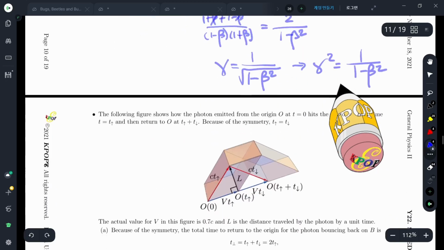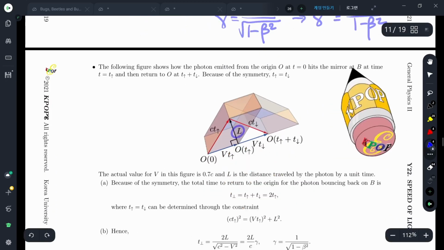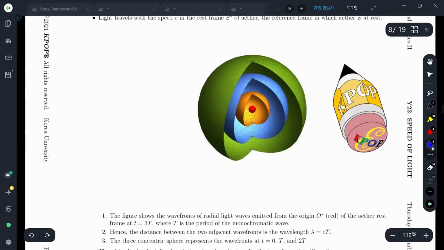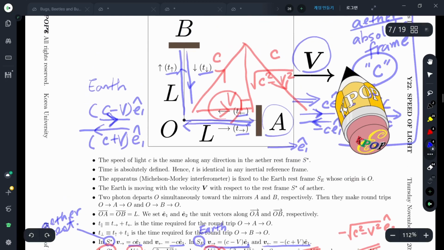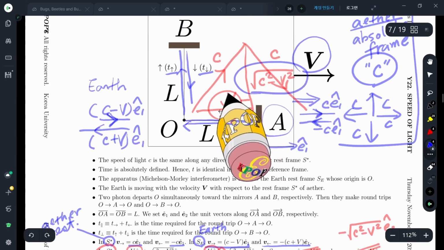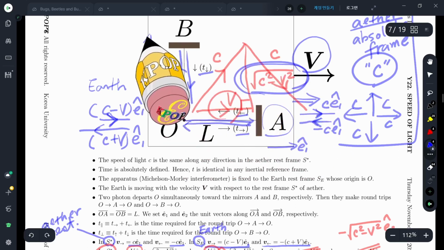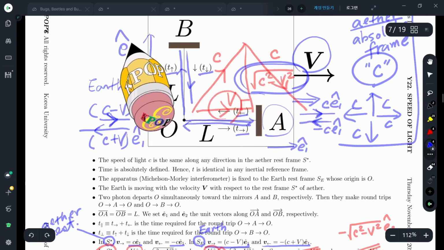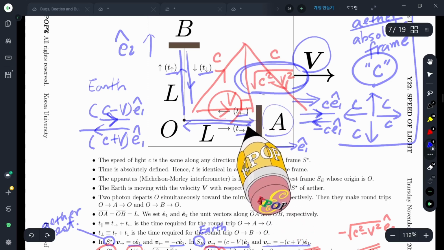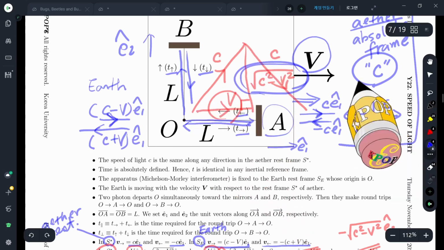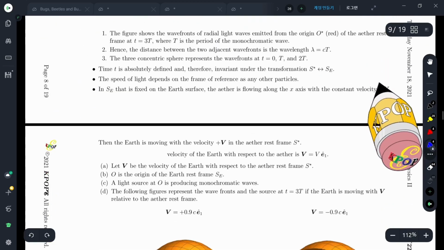We can now compute the transverse motion. Here we can make use of the velocity going up and down along the e2 hat direction measured on the surface of the Earth, or we can make use of the speed of light in the ether rest frame.